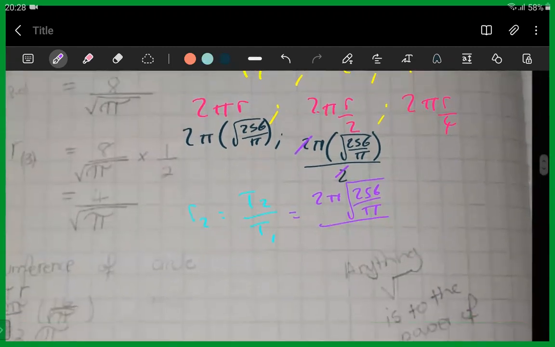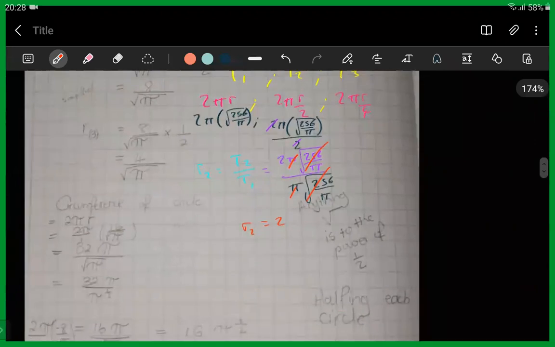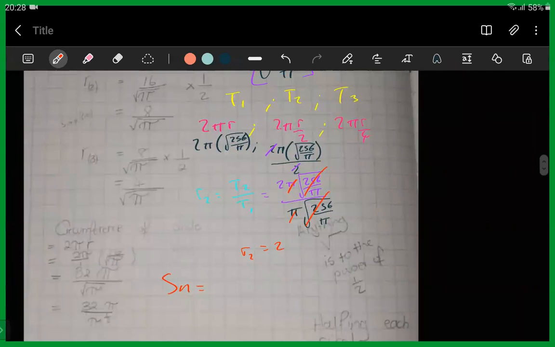And then if you have this as the denominator, you'd have pi square root of 256 over pi. The logic tells you that this cancels that, this cancels that, your answer is a 2. Okay, perfect. Since we know it's geometric, we don't have any issues because T1, we already see what it is. It's just this value.